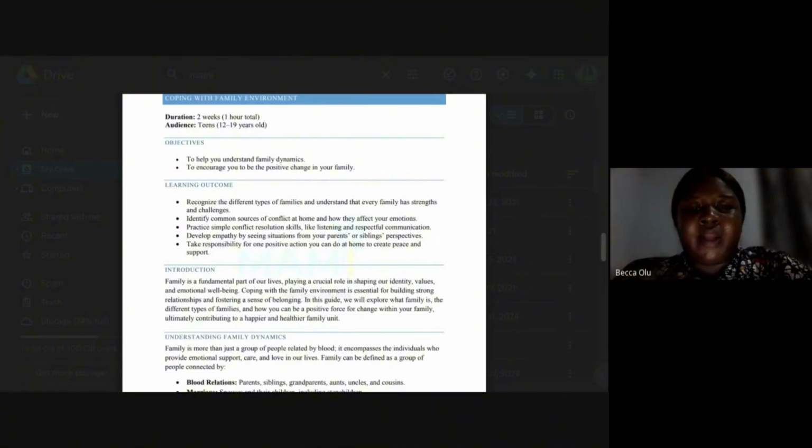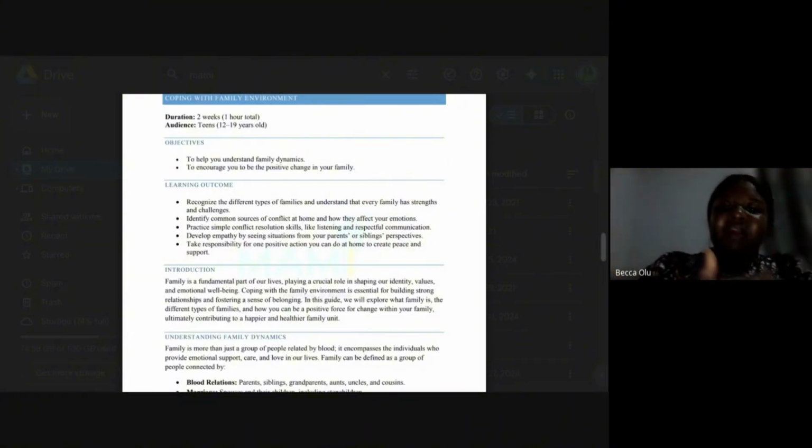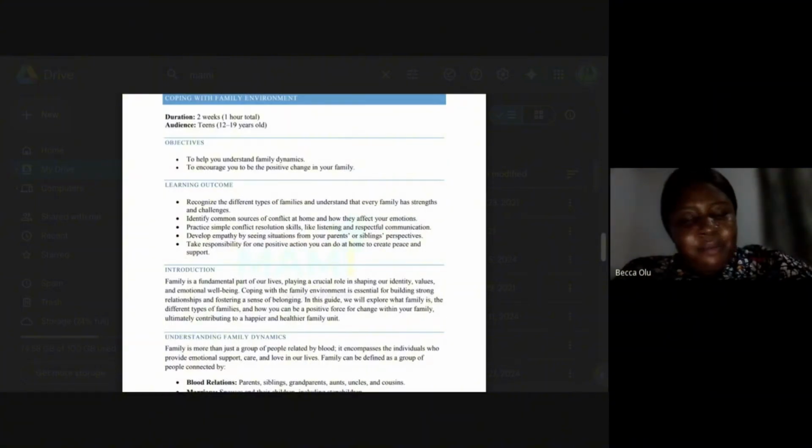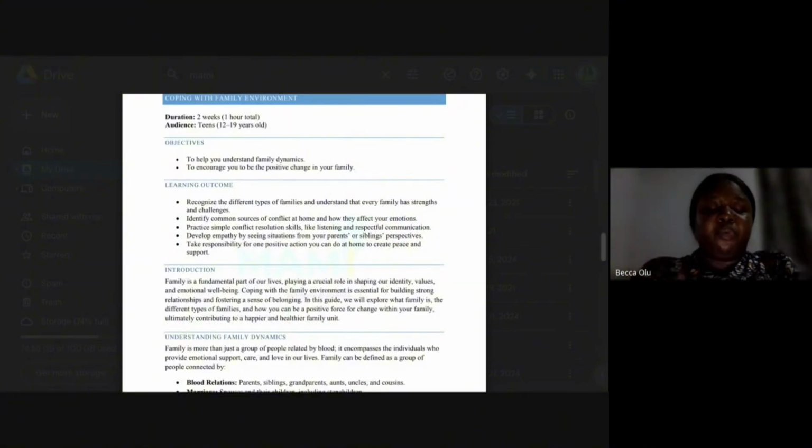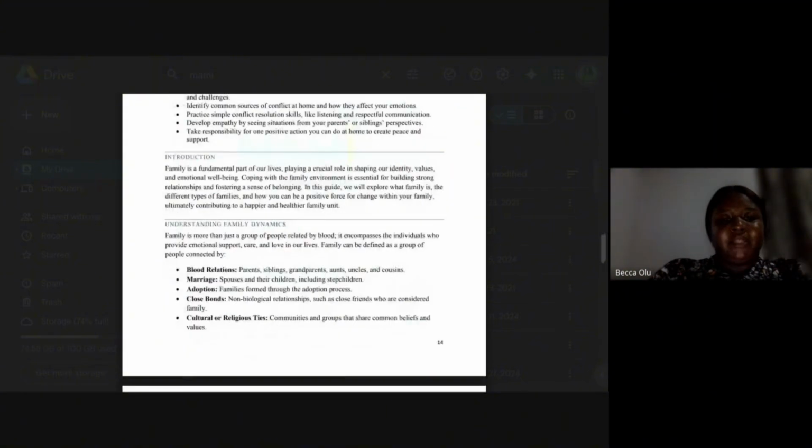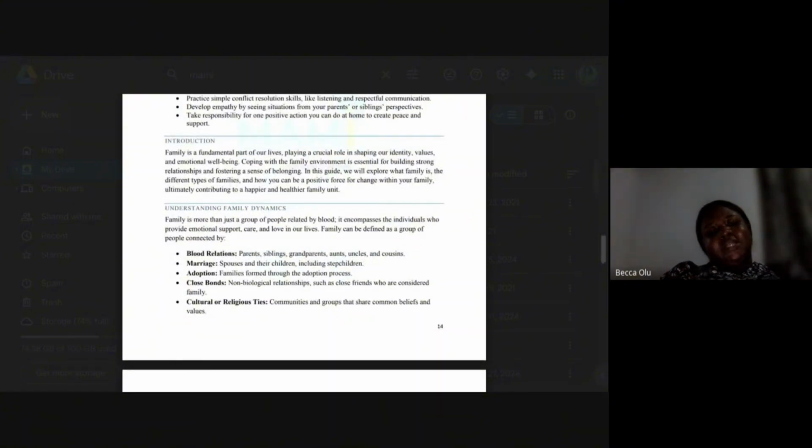You'll be able to practice simple conflict resolution skills like listening and respectful communication. You'll be able to develop empathy by seeing situations from your parents' or your siblings' perspectives. You'll be able to take responsibility for one positive action you can do at home and create peace and support. All right. So let's get into it.